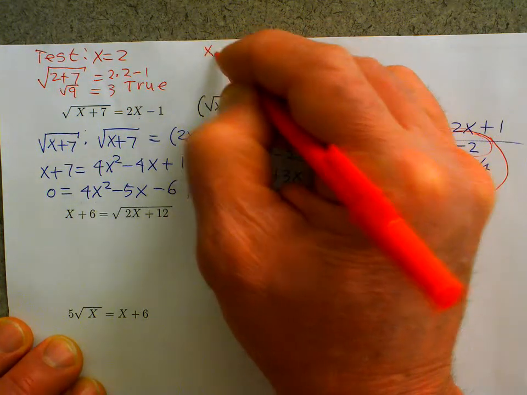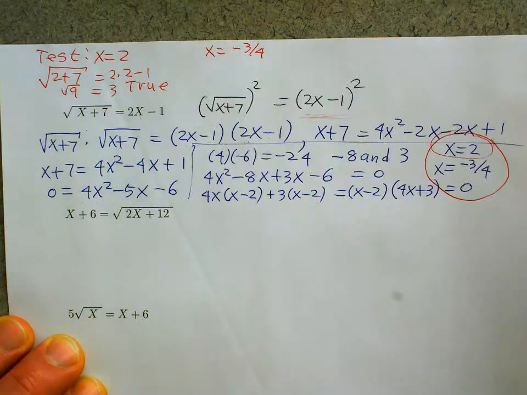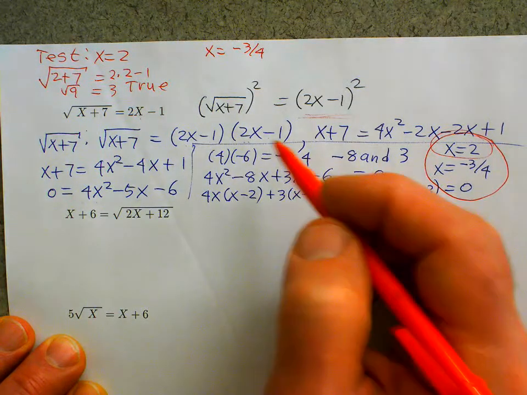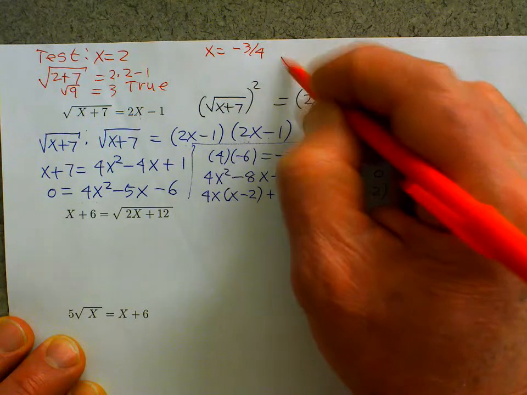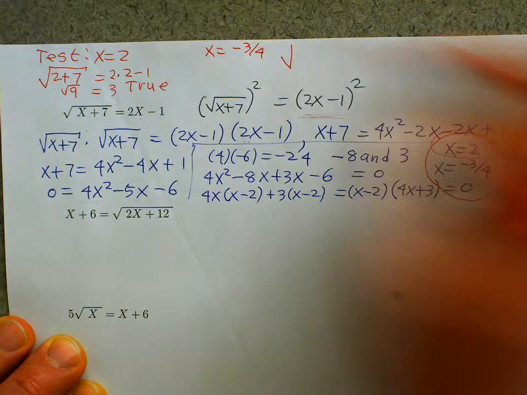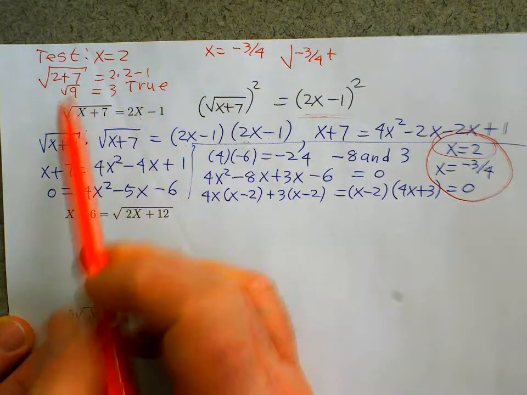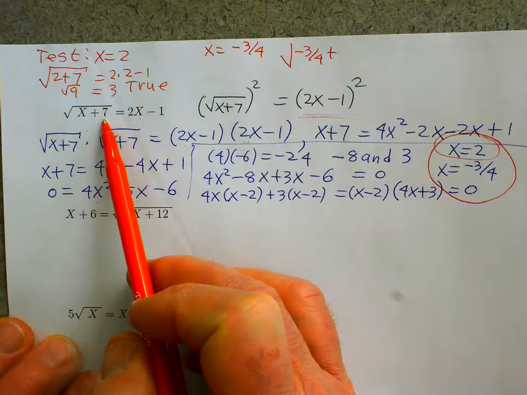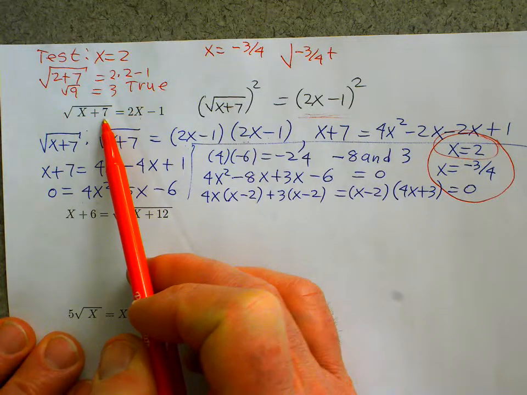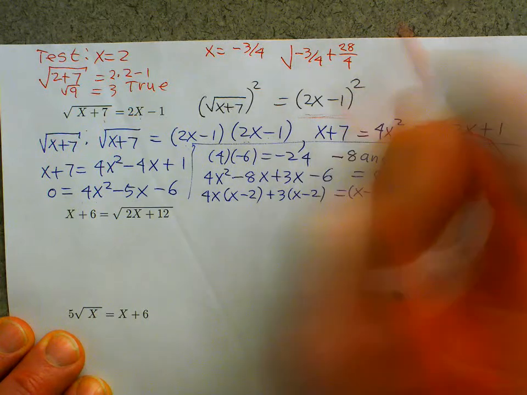And then when we test x equals negative 3/4, so inside the square root, we have the square root of negative 3/4 plus 7, but I'm going to rewrite 7 as 28 over 4 because we want a common denominator.